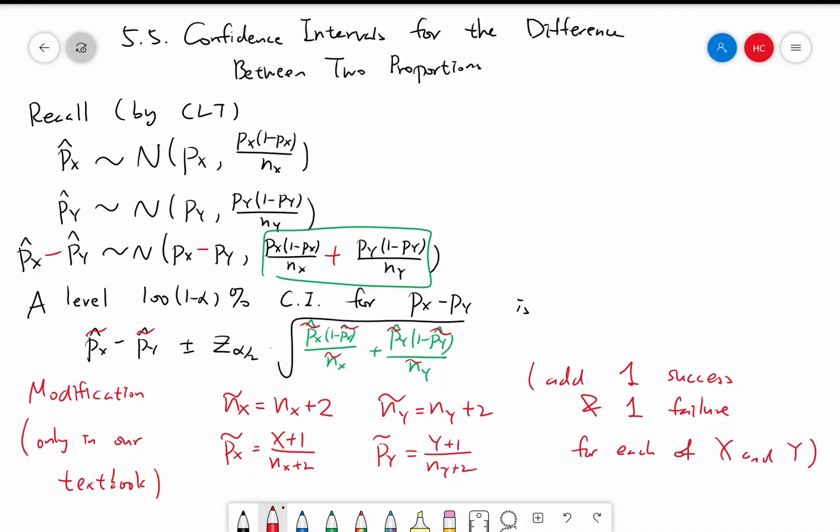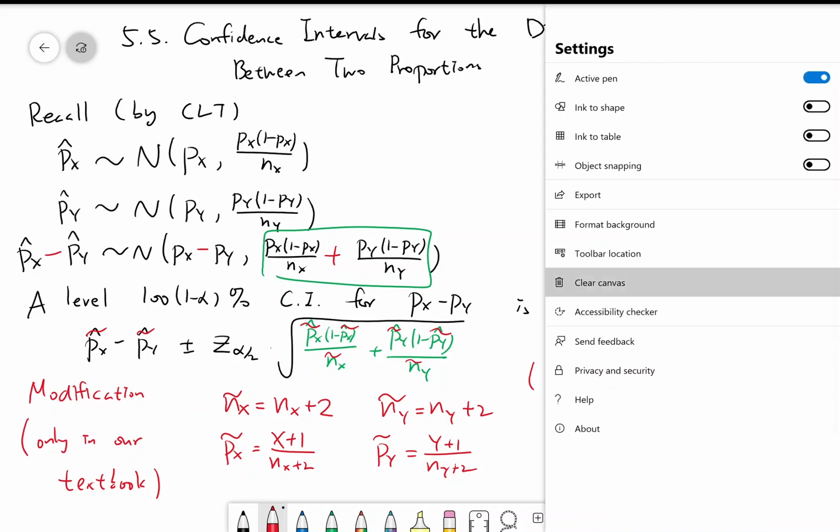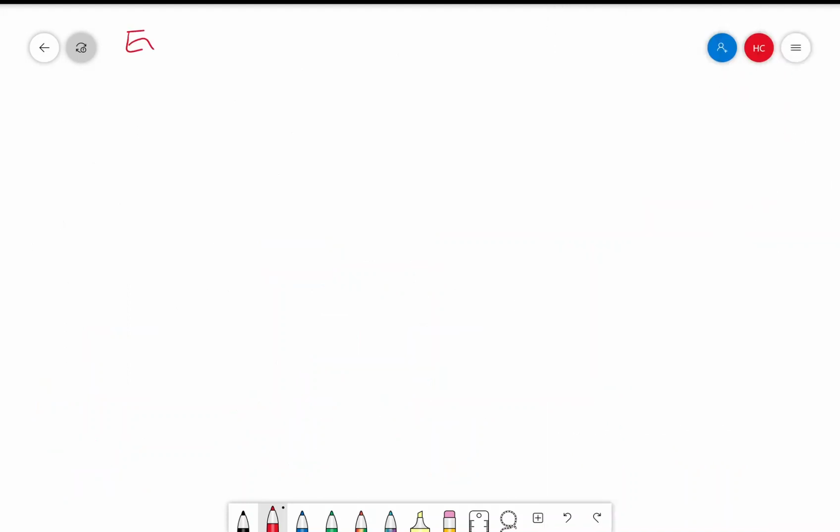All right, so now we have this formula. We can do an example. Let's say there's a really hard exam and we have two different teaching methods: the old traditional teaching method and the new innovative teaching method. We want to see how much better the new teaching method is than the old teaching method.